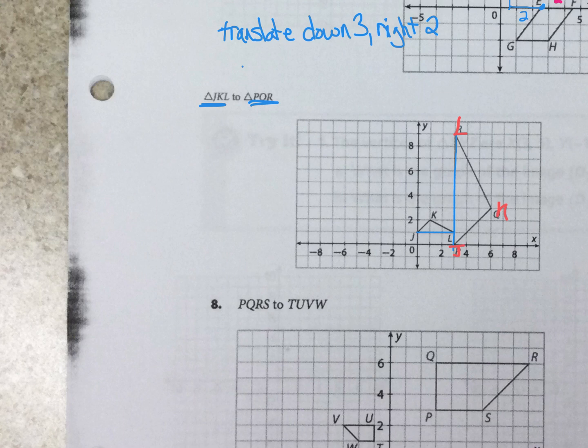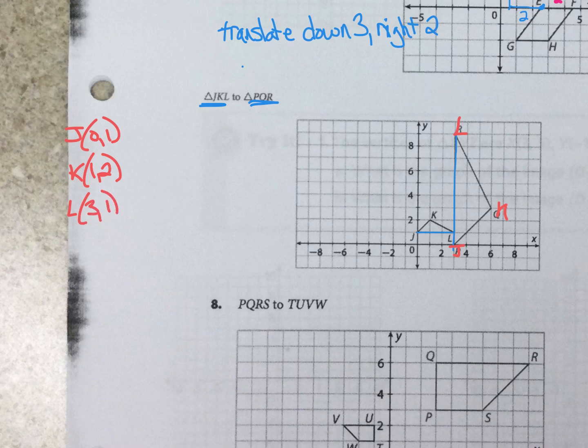Oh, also, let's write down, I'm going to do J is at 0, 1. K is at 1, 2. And L is at 3, 1.